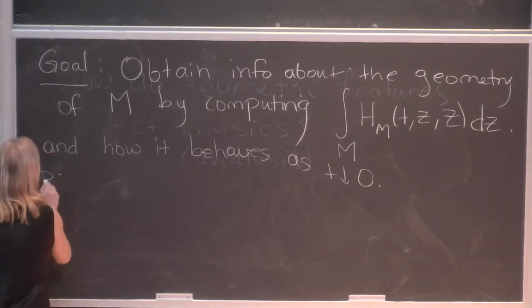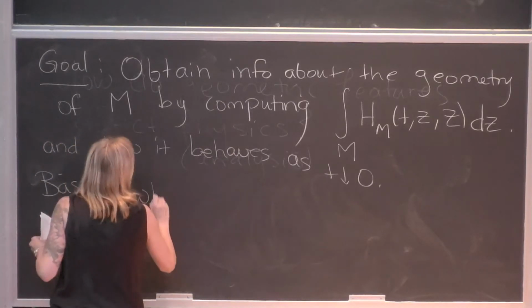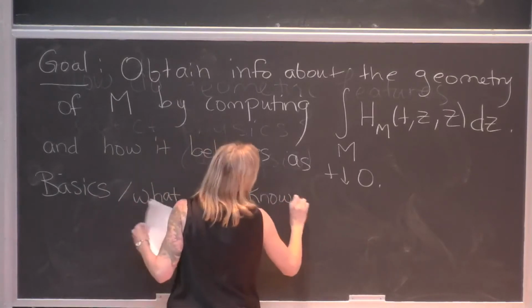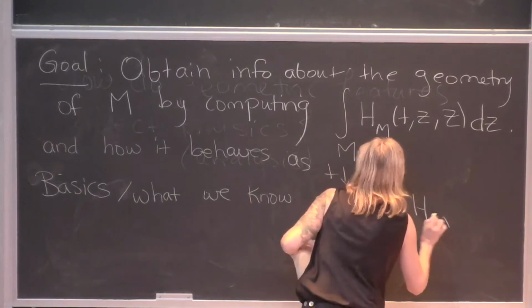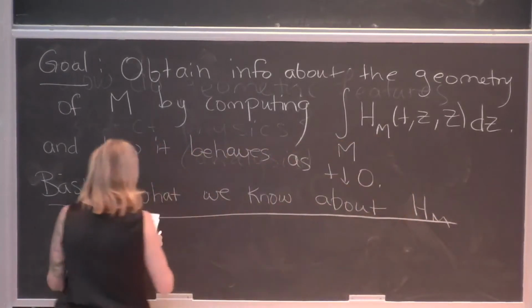Now I'm going to review some basic facts that we know. We do know some stuff about the heat kernel, and I'm going to review those things before we get into the microlocal analysis stuff.